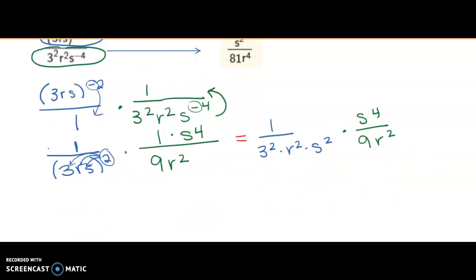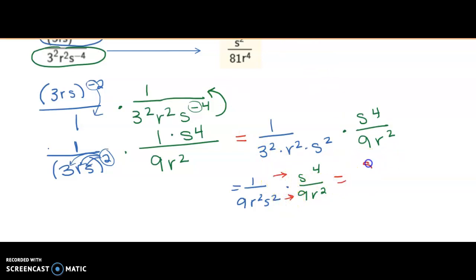All right, if I simplify this just a little more, this is 1 over, well, 3 squared is 9, r squared, s squared, times s to the 4th over 9r squared. Now, if I multiply these guys, I just multiply straight across.